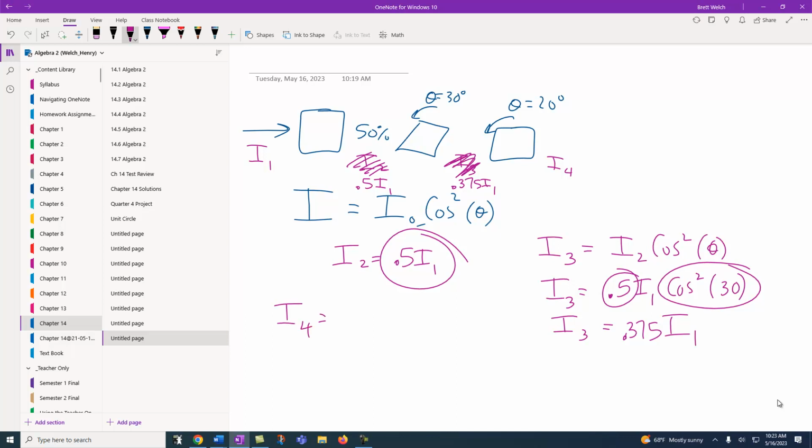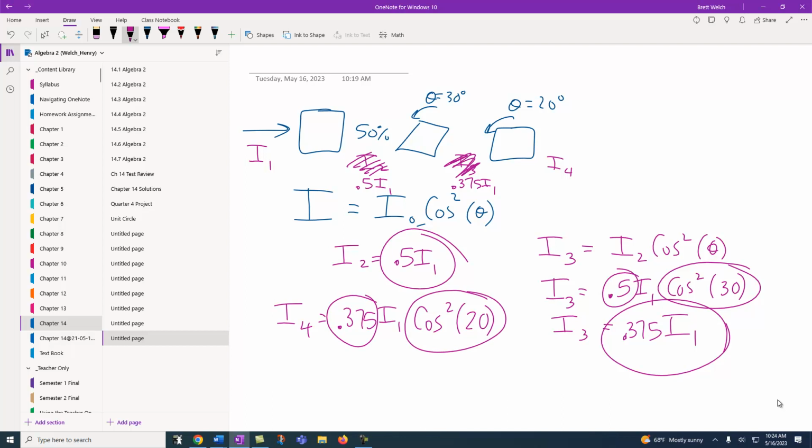I'm going to do the exact same calculation for I4. I4 will equal I3, which is 0.375 I1, times the cosine squared of the second rotation, which is 20 degrees. Again, I can plug in the 0.375 and the cosine squared of 20.